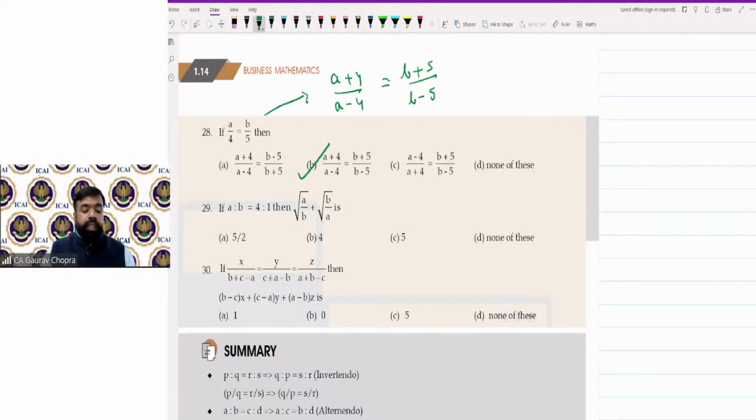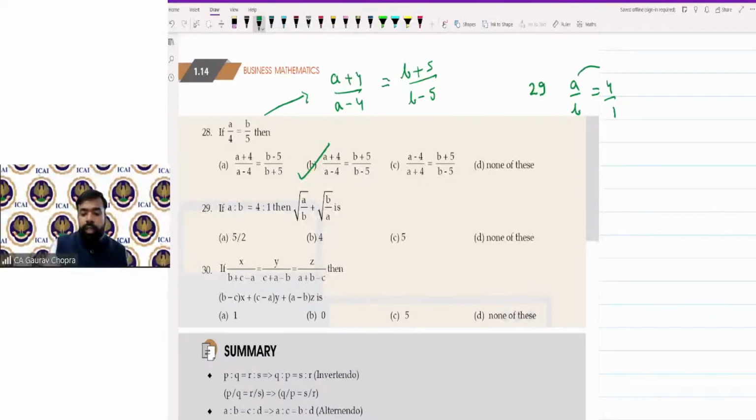29. A ratio B is equal to 4:1. Then find the value of root a by b plus root b by a. So how can you simplify this? So a by b is equal to 4/1. From this, you can see that the values of a and b are given, so you can substitute the values and get the result.